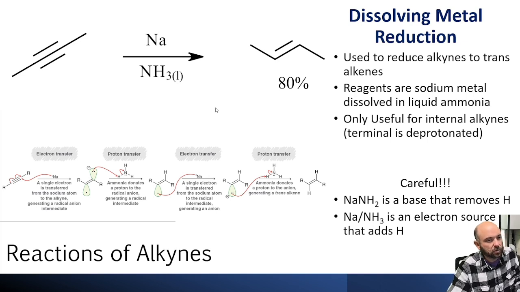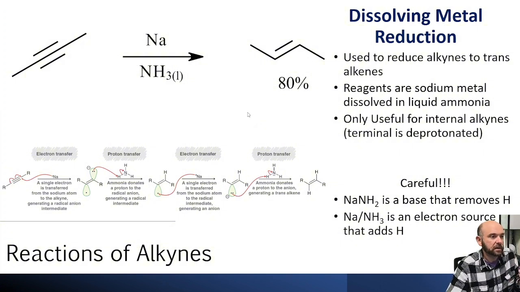Be careful, it's easy to confuse NaNH2 in ammonia versus Na in ammonia. NaNH2 is used to produce alkynes from dihalides and to produce the acetylide ion from an alkyne, whereas plain sodium in ammonia is used to go from an alkyne to a trans alkene.